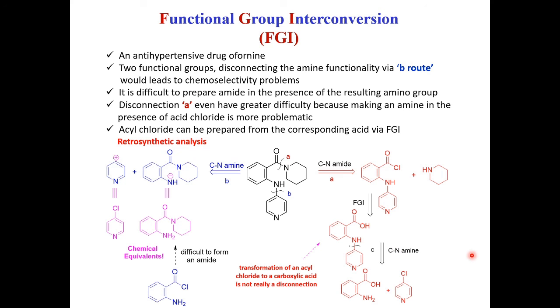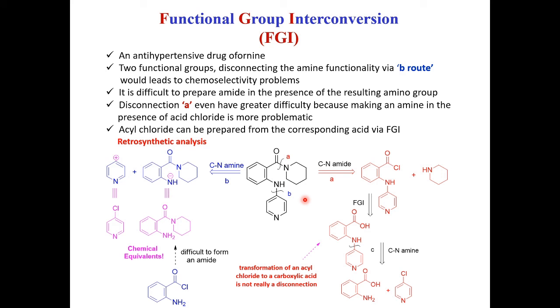So when we disconnected this bond, that is the C-N amine bond, we got anthranilic acid and chloropyridine. So this is all about the analysis. What we have done in this analysis is, first of all, we looked at this molecule and checked the possible disconnections in it.